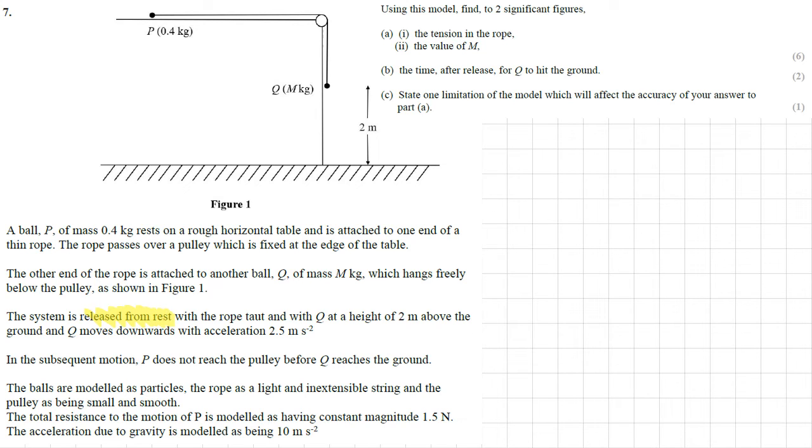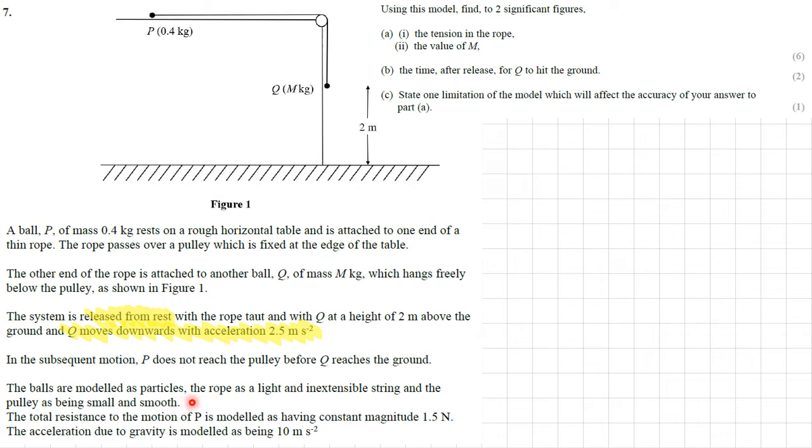The rope is taut and with Q at a height of 2 meters above the ground, that's marked in the diagram, and Q moves downwards with acceleration 2.5 meters per second squared. In a subsequent motion, P does not reach the pulley before Q reaches the ground. So Q is going to hit the ground first before P hits the pulley.